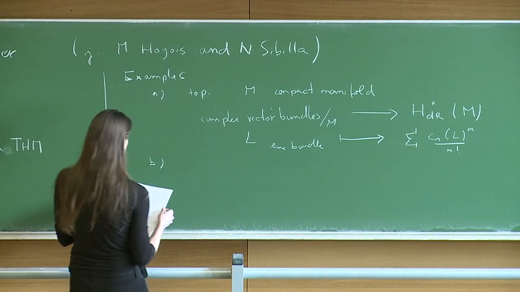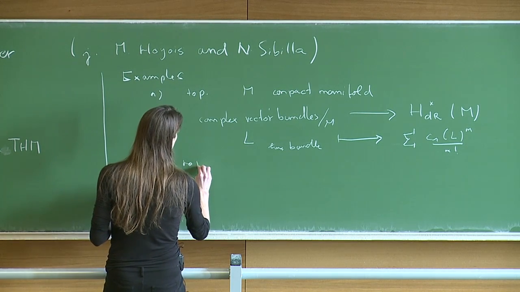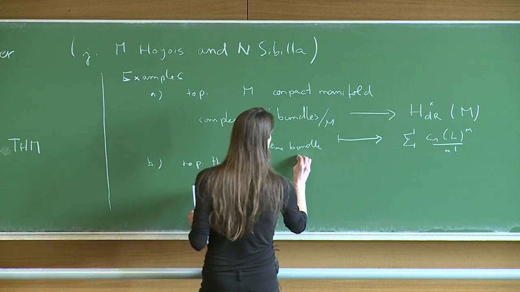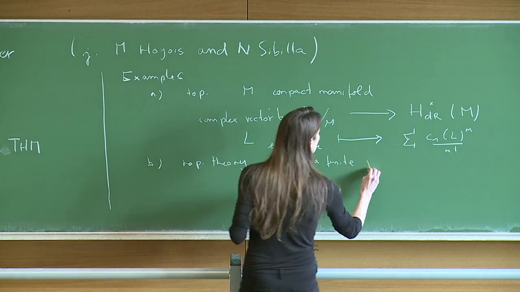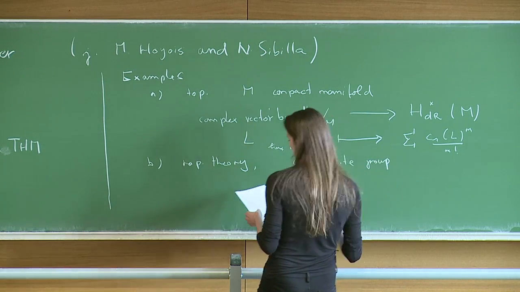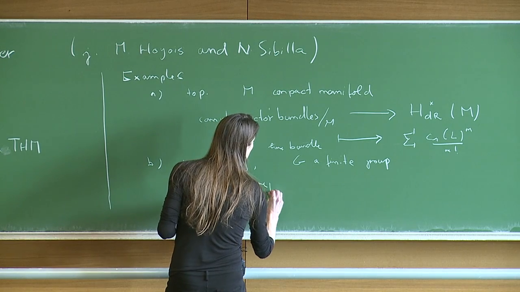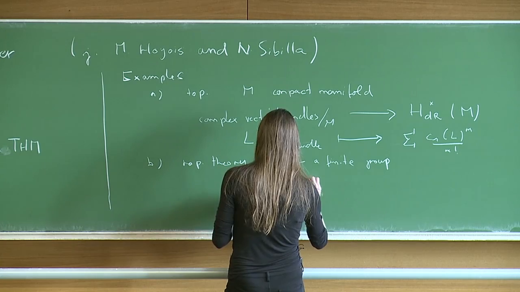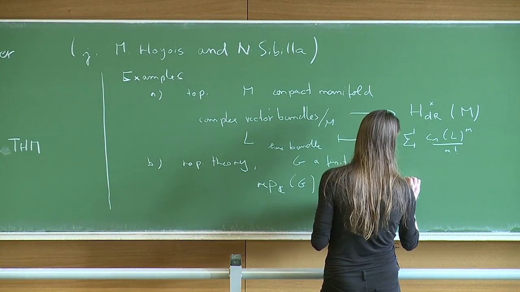If you're a representation theorist, you might be more familiar with this type of Chern character. You take G to be a finite group. And then the Chern character is the usual character. It sends complex representations of G to functions on the conjugacy classes of the group.